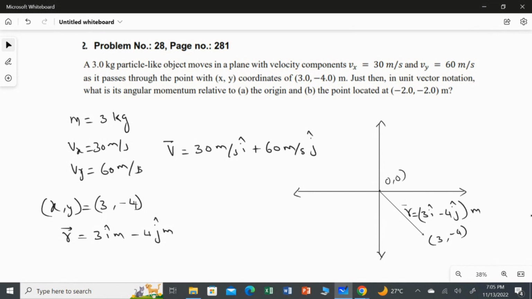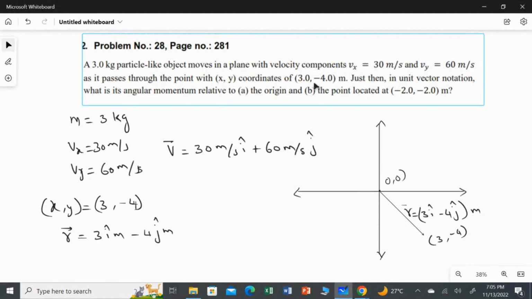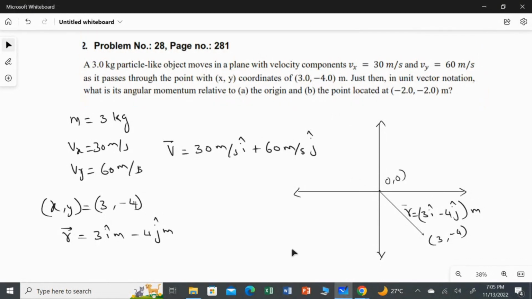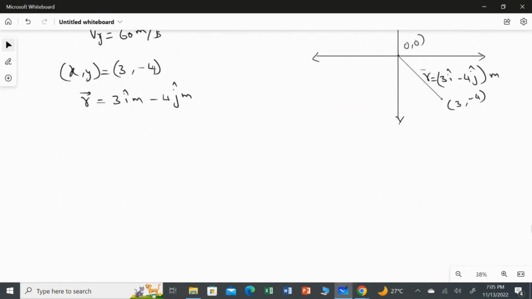So first, we are going to find the angular momentum of this particle relative to the origin. So we have to compare this 3 minus 4 meter, that means this coordinate, with the origin. Clear? So for that we have to use the rule. In theory we studied the rule for angular momentum.